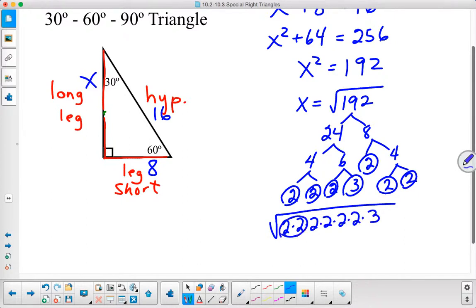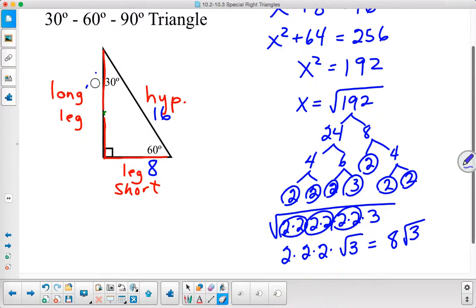So pairing, there's a 2 that's out, there's a 2 that's out, there's a 2 that's out. 3 doesn't have anything to go with it. 2 times 2 is 4, times 2 is 8, times the square root of 3. That took us a little while to get to, but this long leg, the length is 8 times the square root of 3.